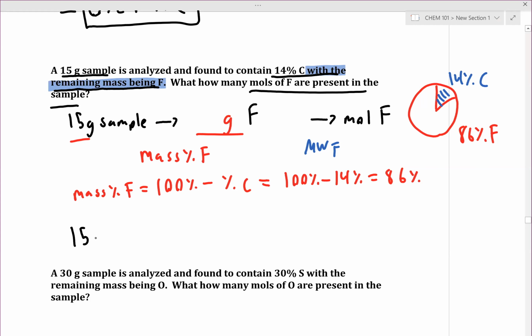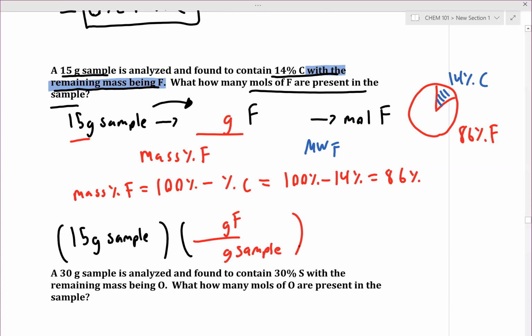So we have 15 grams of sample, and we're going from grams of sample to grams of fluorine. So my question to all of you is, what needs to be on top in our conversion factor? Grams of fluorine. So how many grams of fluorine do we have per how many grams of sample? We see this 86%.